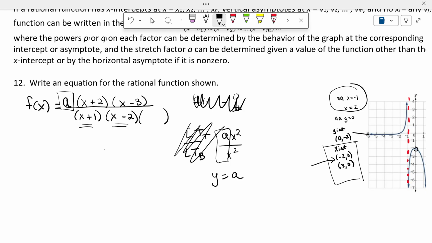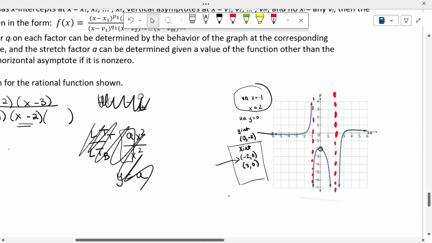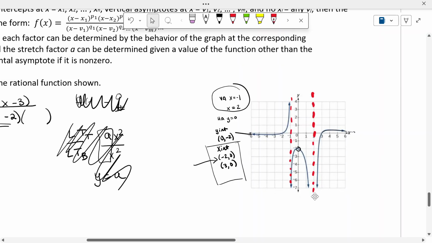Okay? So if that logic makes sense, let's go and talk about how I mentioned that if we approach a vertical asymptote and are going in the same direction, then that particular piece had multiplicity in the function's denominator.